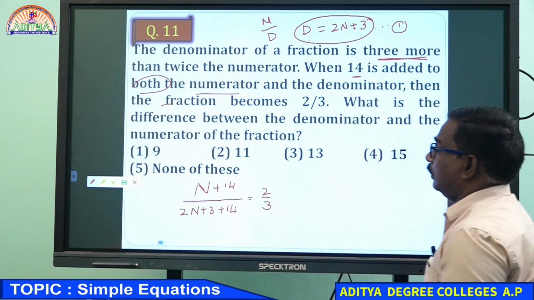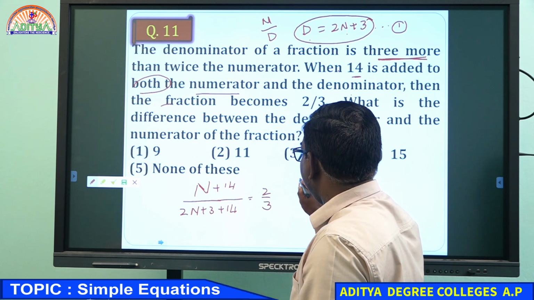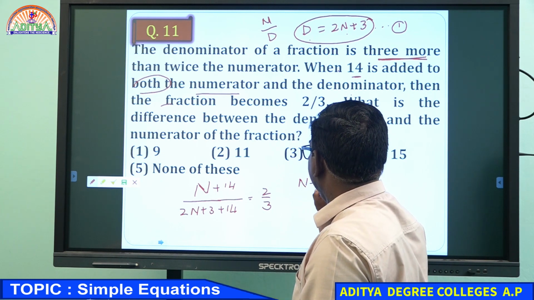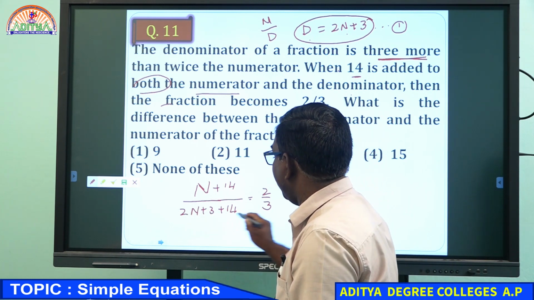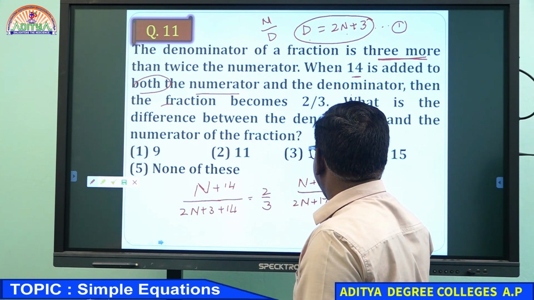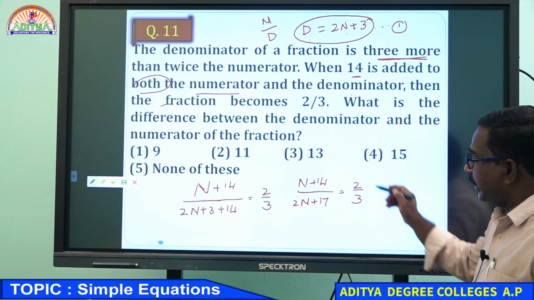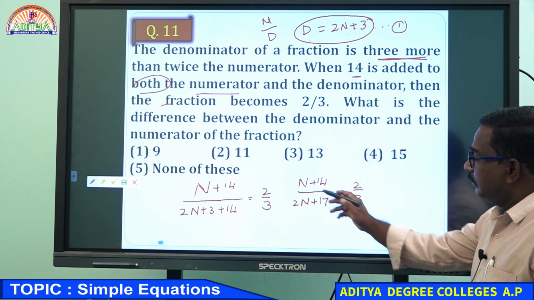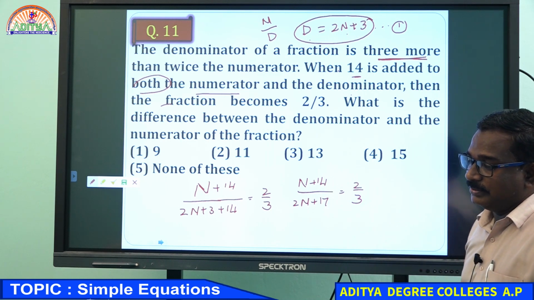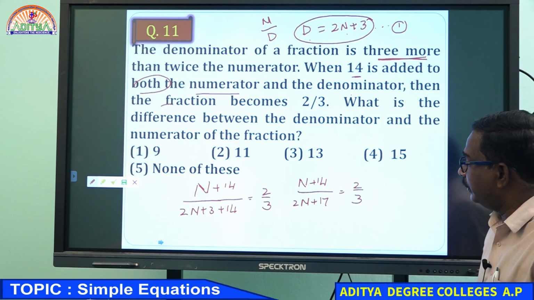Now see, we can solve it. How to solve? N plus 14 by 2n plus 17 is equal to 2 by 3. Which value satisfies, if we keep it in the place of n?